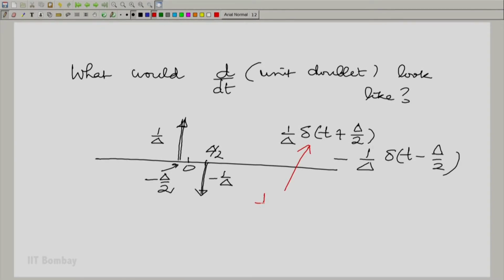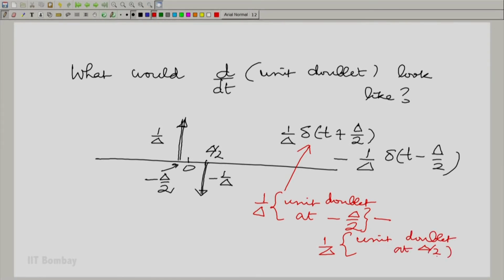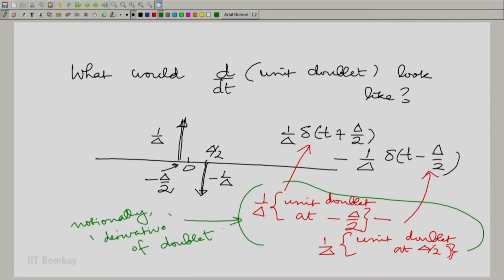So, you would get 1 by delta times a unit doublet at minus delta by 2 minus 1 by delta times a unit doublet at delta by 2, which comes from here. So, together this would be the derivative. When I take a derivative of a doublet, I get two doublets, and those two doublets also start coming closer and closer to one another, and now you have several heights going to infinity here.